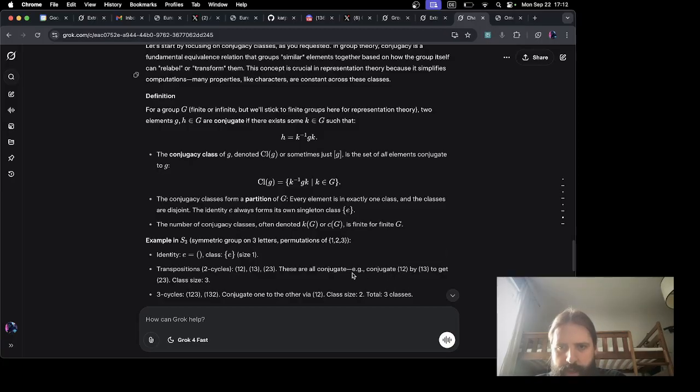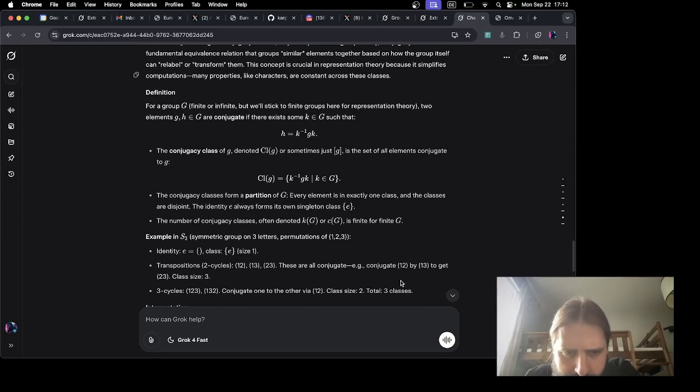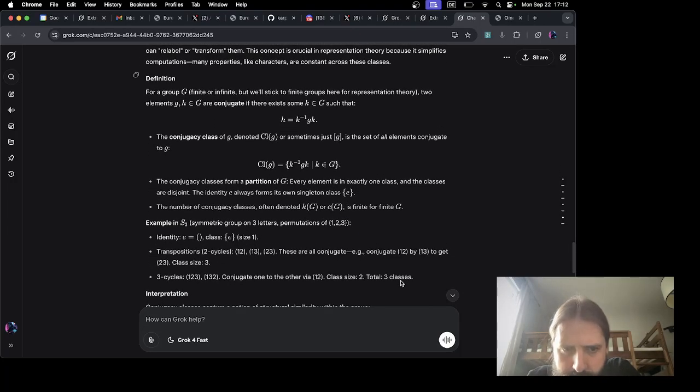Because you can conjugate (1 2) by (1 3), and conjugate (1 2 3) to (1 3 2) via (1 2).